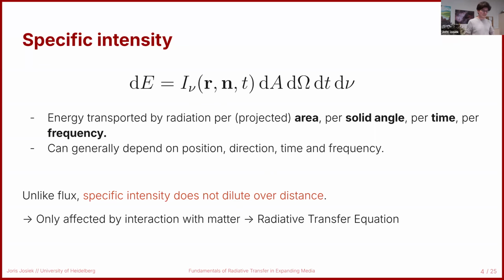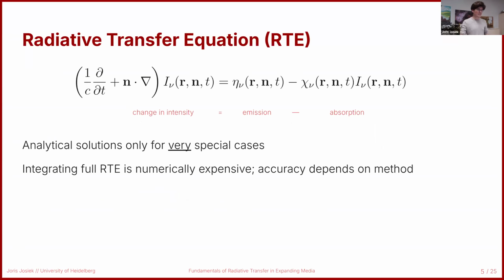And this is governed by the very famous radiative transfer equation, which you see here. This is the radiative transfer equation in its most general form. By the way, for equations in this talk, I will always try to explain the most important parts, but don't feel the need to try and understand every single detail. I'll point out what's important.